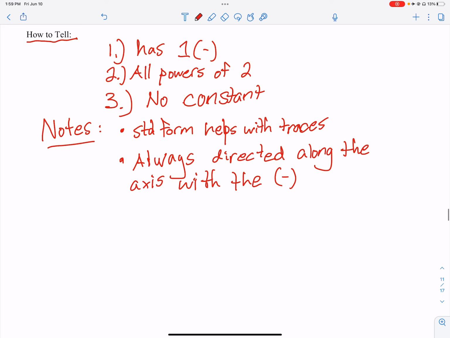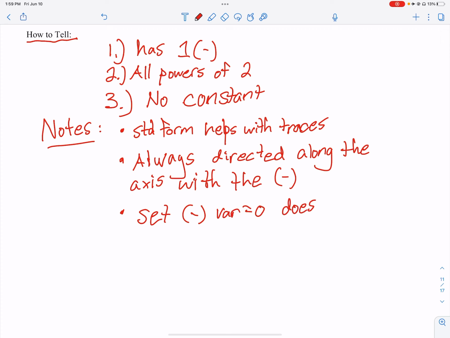Again, for this one, setting the negative variable to 0 does nothing. If you plug that in and set it equal to 0, it's hard to get anywhere with that and understand what should be graphed.